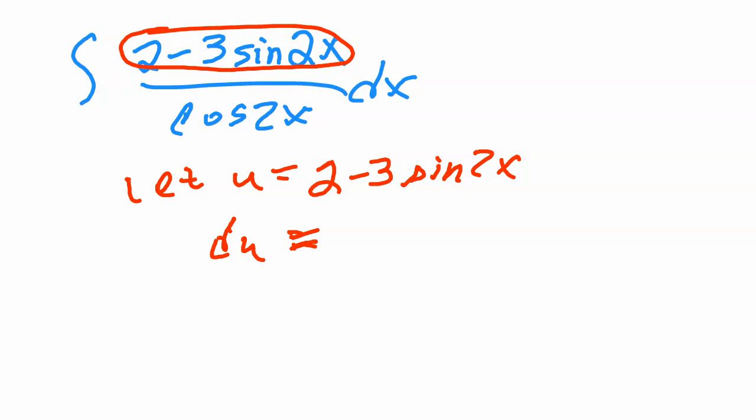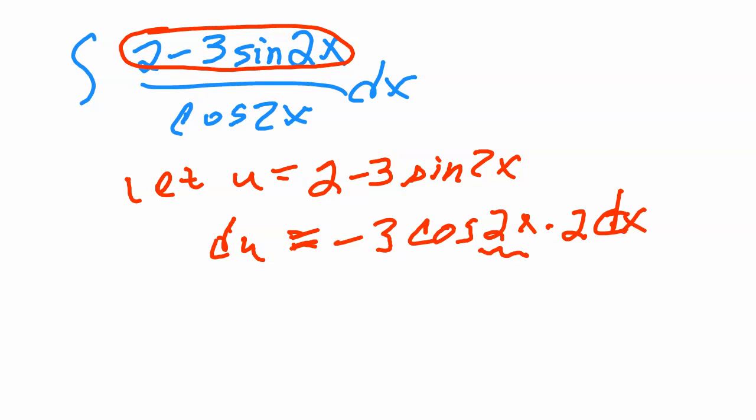That's why I went ahead and included that. And then the derivative of a constant times the function is the constant times the derivative of the function. The derivative of sine is cosine of that thing, but then times the derivative of what's inside, which is 2. And then I have to attach a dx, right? So du is actually minus 6 cosine 2x dx.